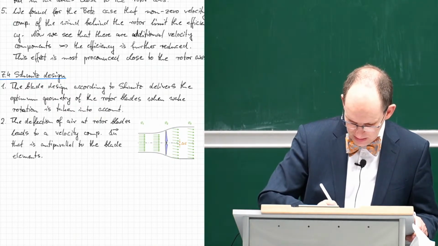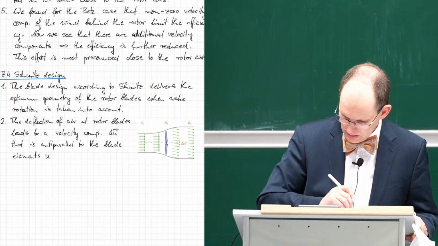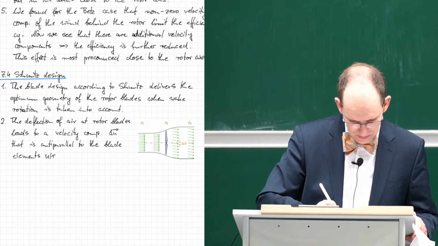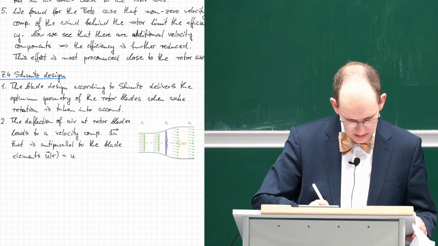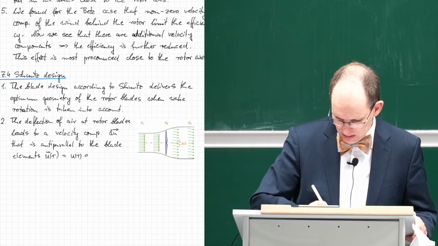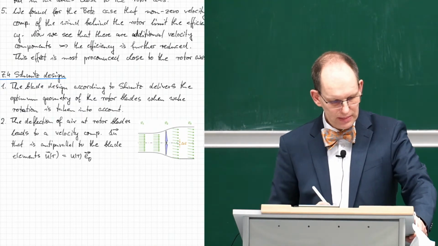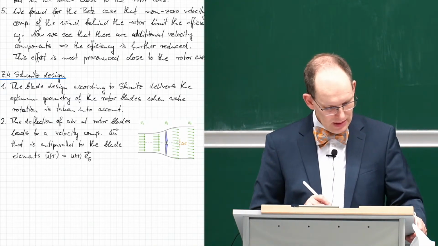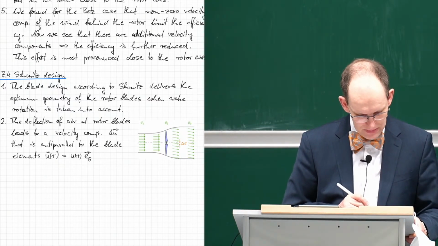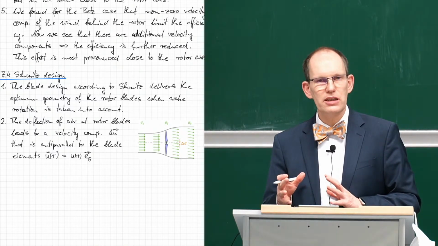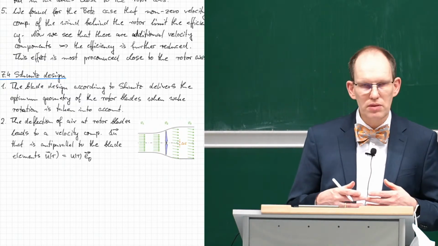The velocity of the blade elements is u of r, and we can write it as u of r and use this unit vector here. So there's a tangential deflection. And now our strategy is to derive the lift from momentum balance.